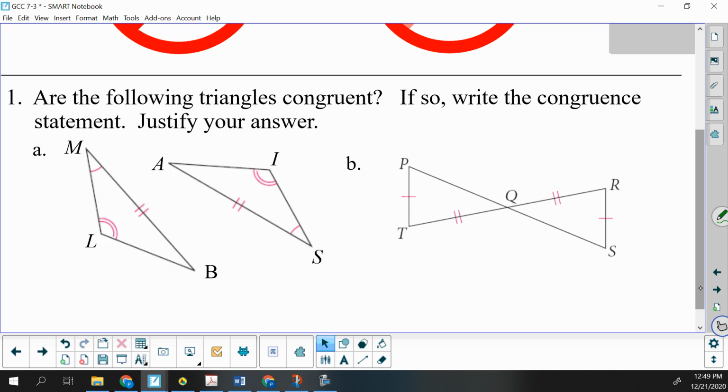The set of sides is not in between the angles. So this gives us angle, angle, side. That is one of our ones that works. So we'll say yes. We've got to tell which triangles are congruent. So you just name the first triangle however you want. So we'll say triangle MLF, or MLB, sorry.